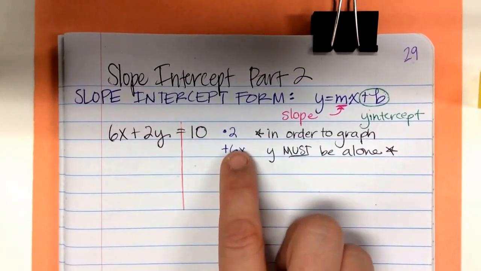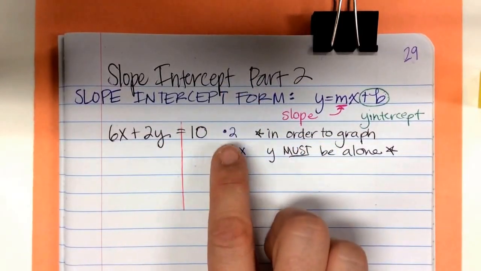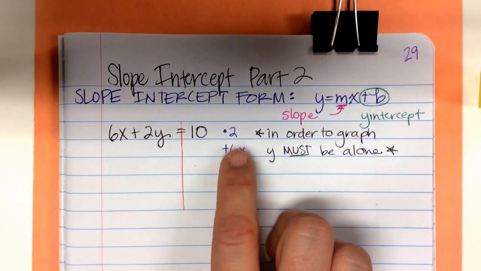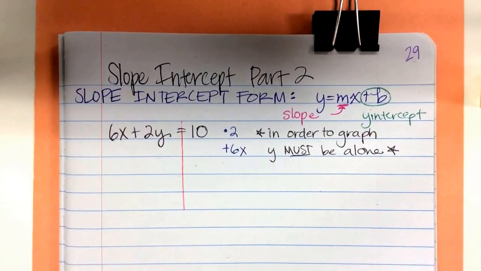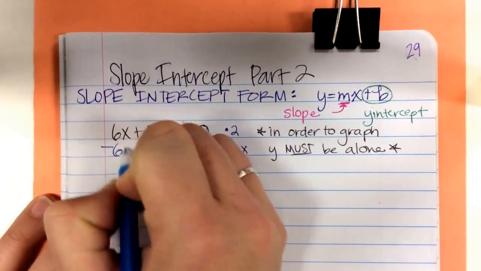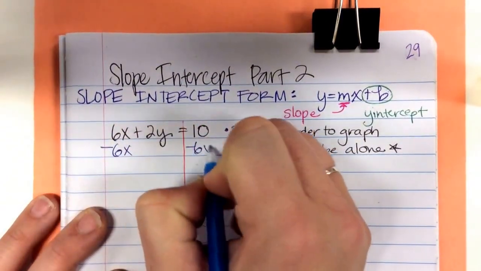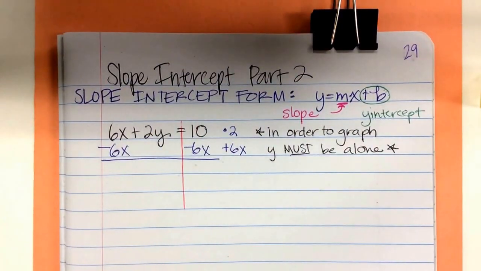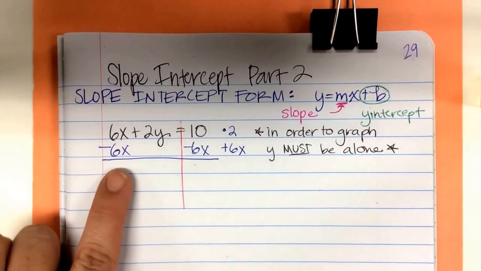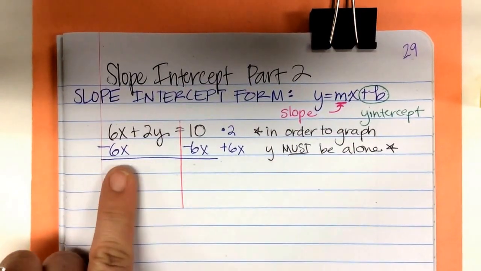So we move up the line. Let's get rid of this positive 6x first. How do you get rid of a positive 6x? You subtract 6x. So on the right side, what happens?